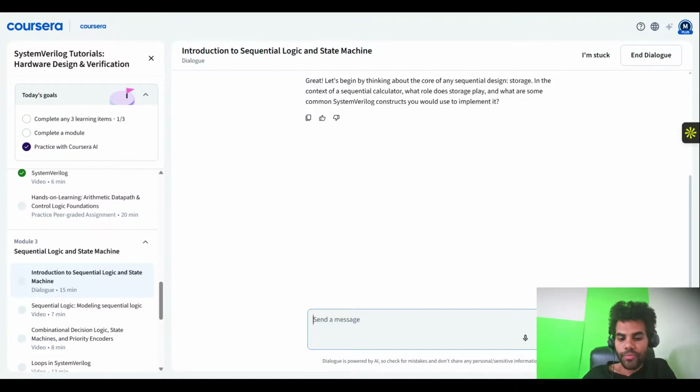So let's first answer the question of what role storage plays. All the numbers coming from the user into the calculator should be stored to be used for the operation itself, right?